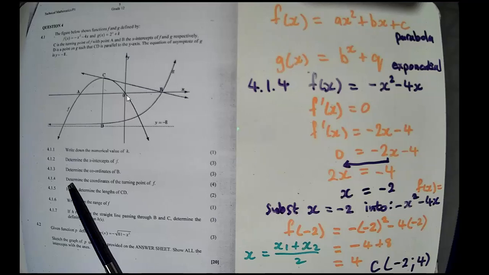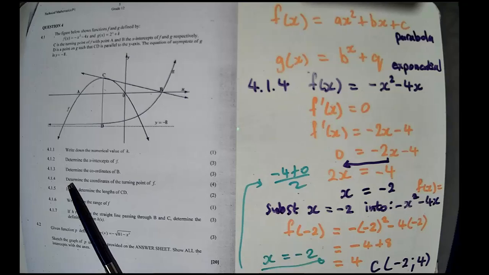So the one was 0 and the other one was minus 4 on the left hand side. So substituting minus 4 plus 0 divided by 2, you will get the same answer of x equals minus 2. Notice the same answer. So we did calculate that a value, the x-intercept above.